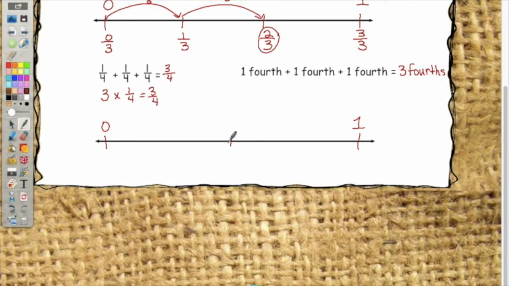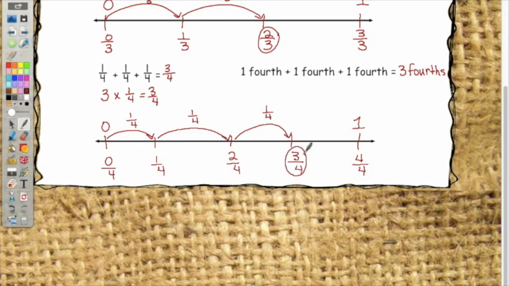Because that shows 4 equal parts, okay? So 3 copies of 1/4. And circle 3/4.